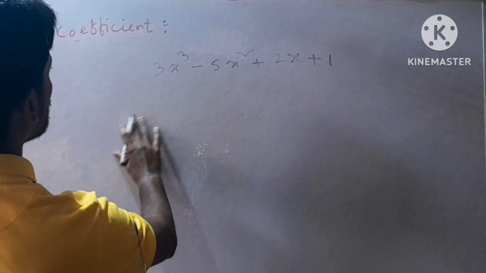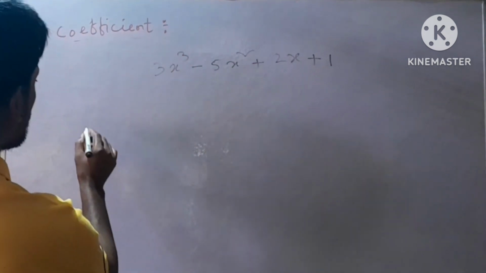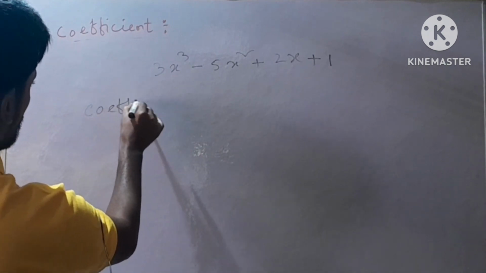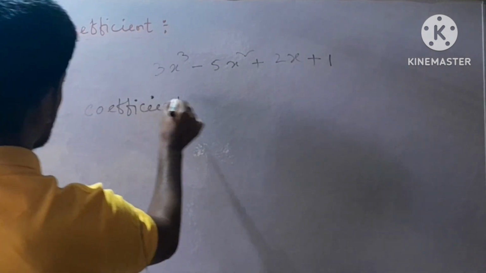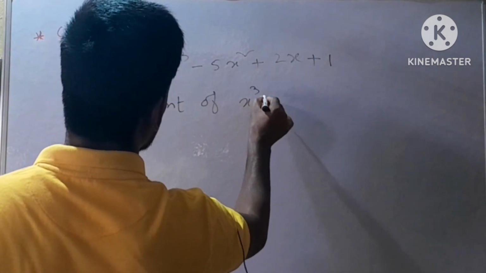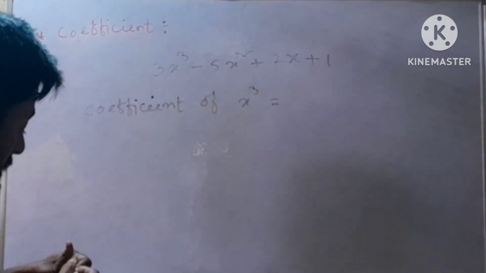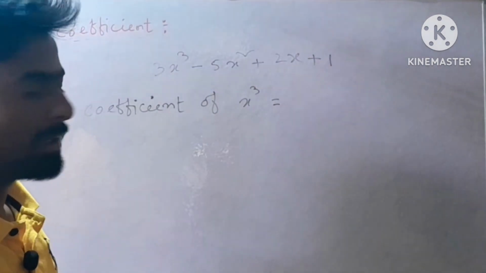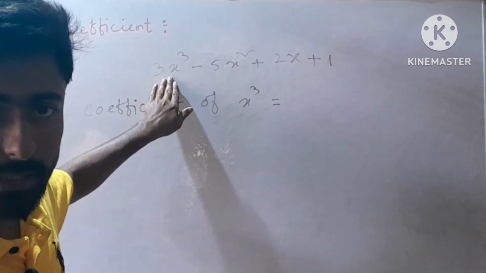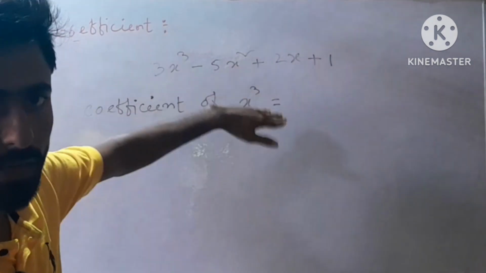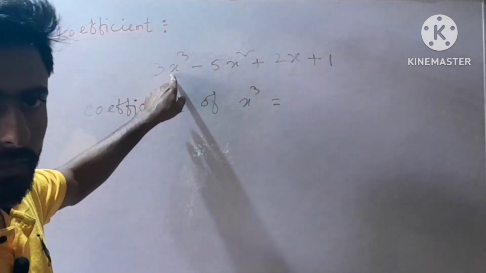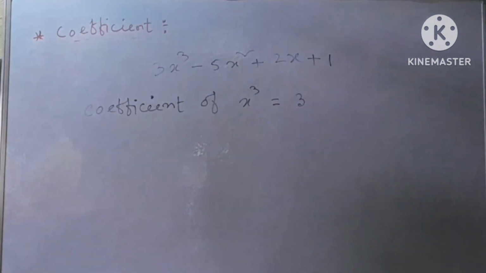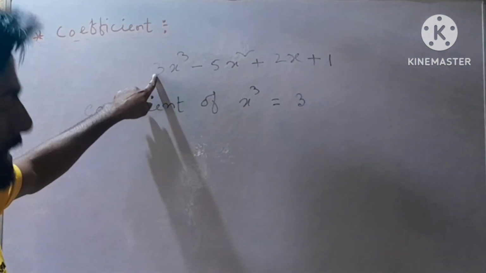So coefficient of x cube, that means which number is multiplied with x cube. Here you see 3 is multiplied with x cube. Before, not after. So coefficient of x cube will be 3.